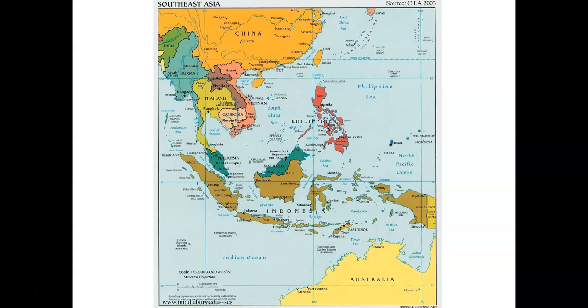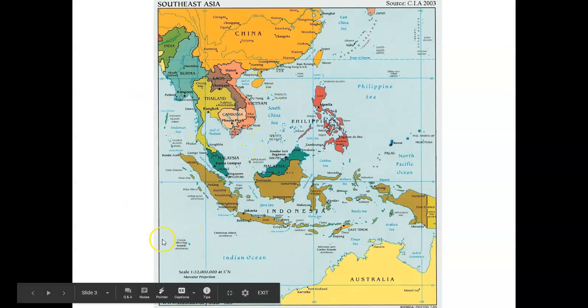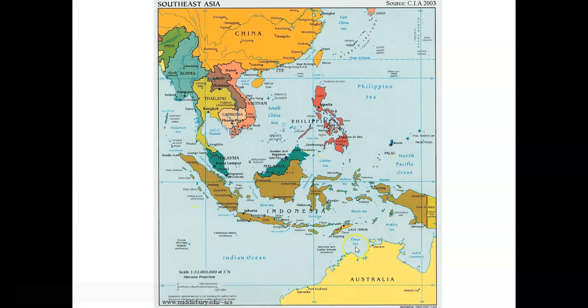All right, so just to reiterate, I'll circle around the area that I'm talking about here. So here's your main area of Indochina, or the first section that we're talking about in terms of Southeast Asia, and then you have your islands here, okay?